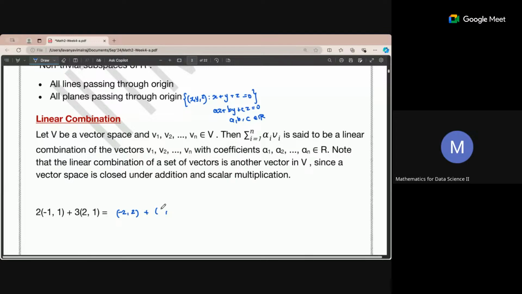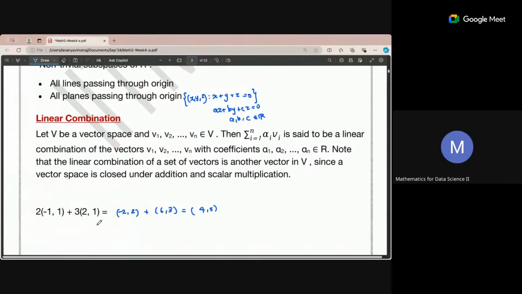This is 6, 3, and the resulting vector is 4, 5. So now you can say that 4, 5 is a linear combination of -1, 1 and 2, 1.